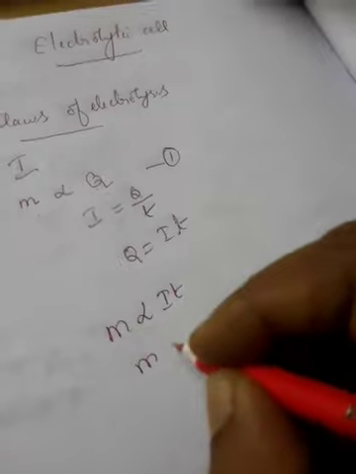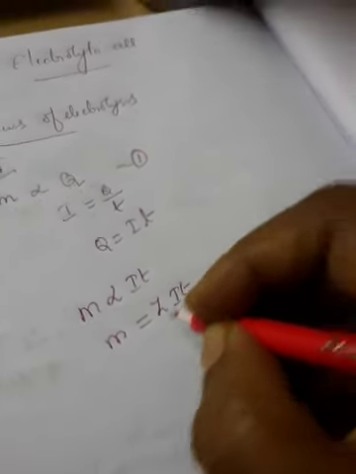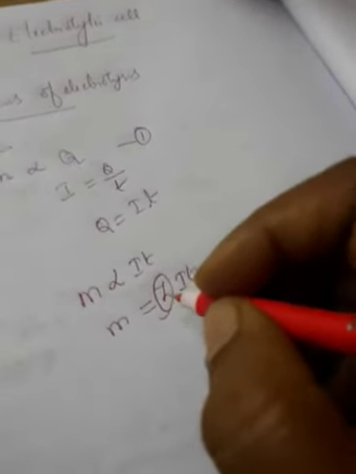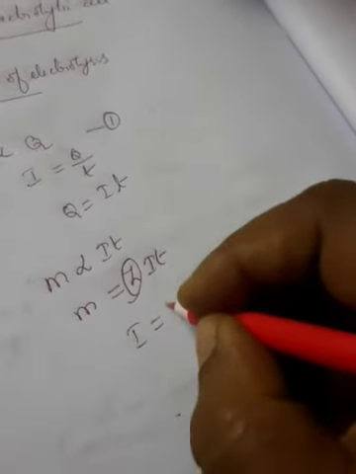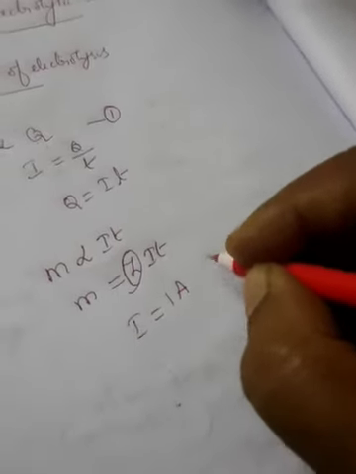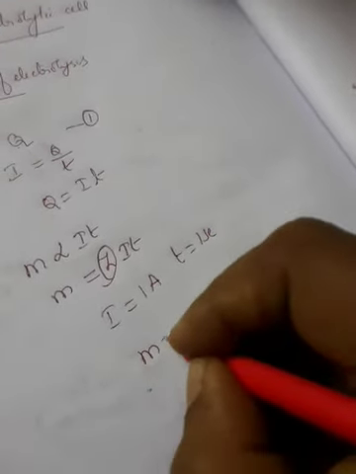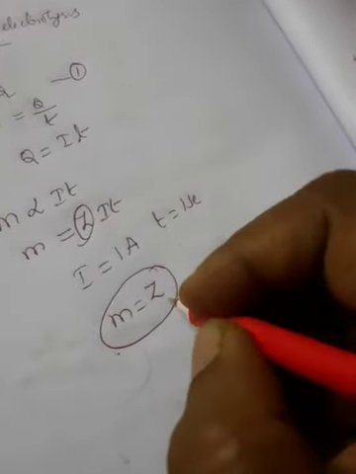Taking the proportionality sign, M is equal to Z into IT, where Z is known as the electrochemical equivalent of the substance. So if I, which means current, is 1 ampere, passed for T equal to 1 second, then M is equal to Z. So what is electrochemical equivalent?